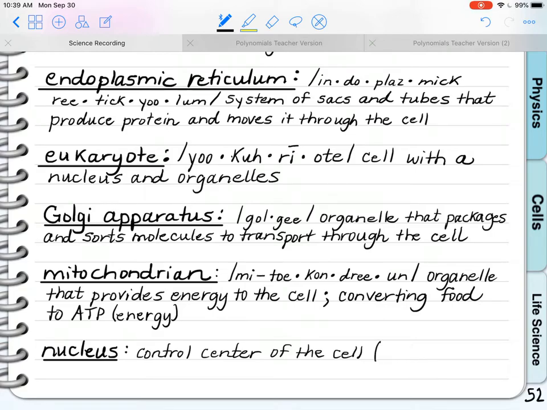It is only the eukaryotes that have a nucleus. I still want to call it eukaryote because that's what I was told. The control center of a eukaryote cell. This is where you will find the DNA.